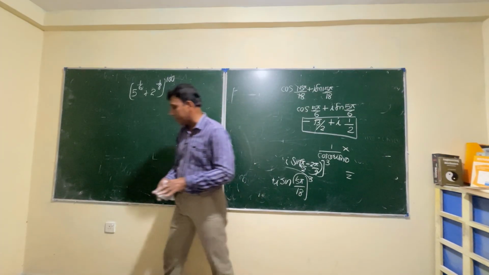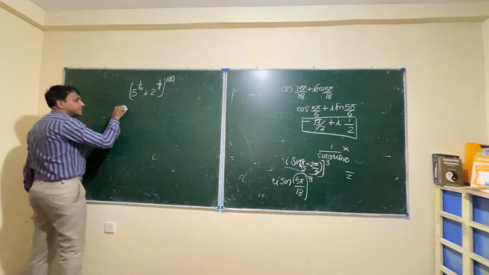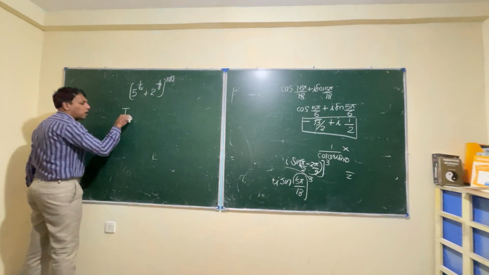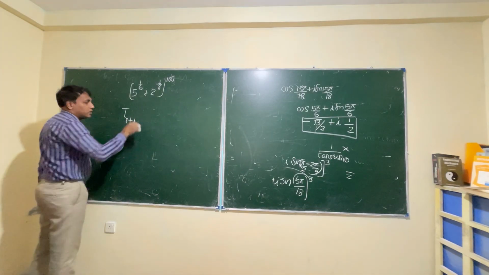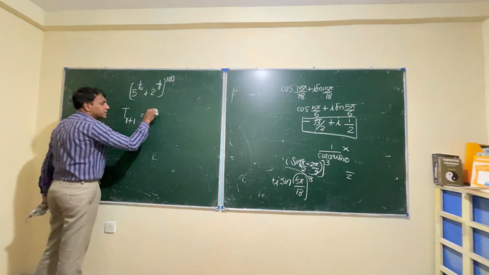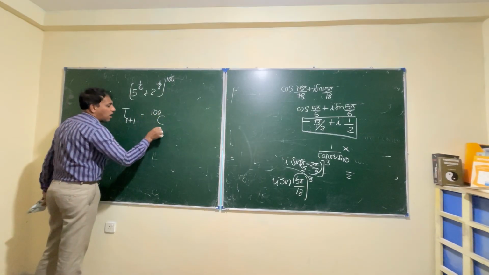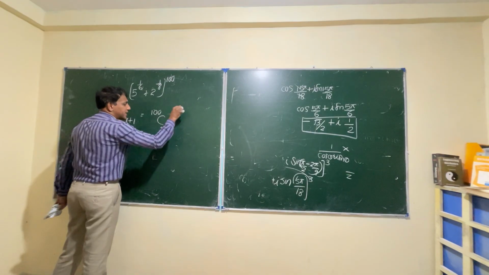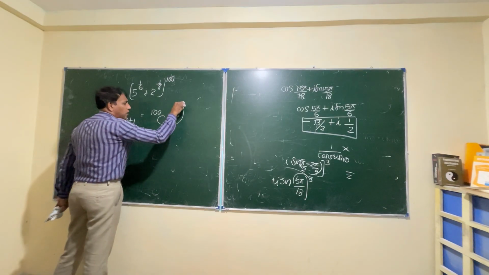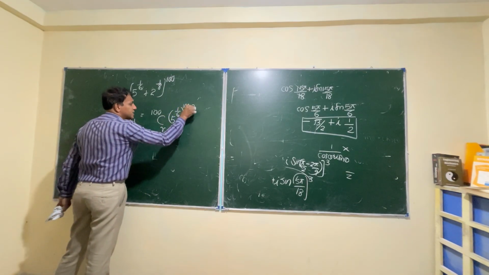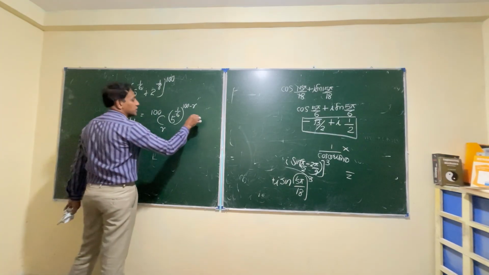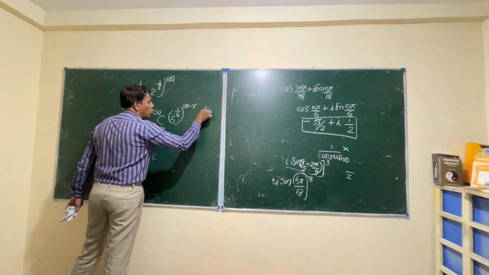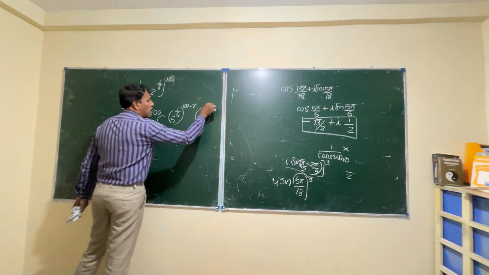If I take the general term, T(r plus 1) equals 100 C r, 5 to the power 1 over 6, to the power 100 minus r, next 2 to the power 1 over 8, to the power r.